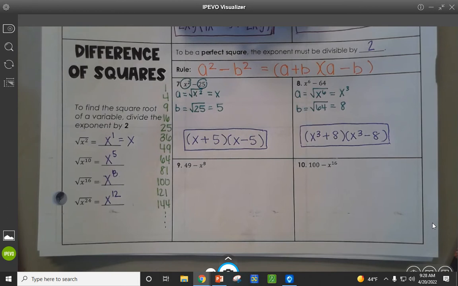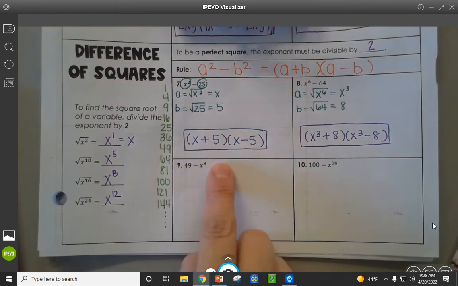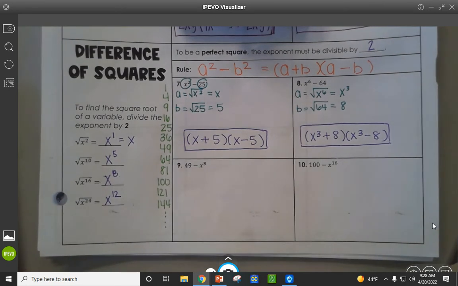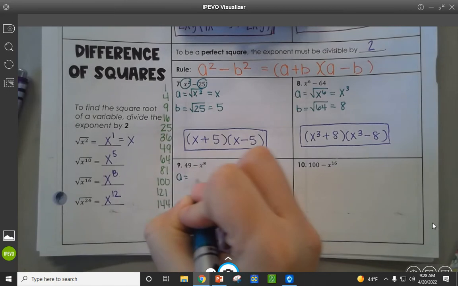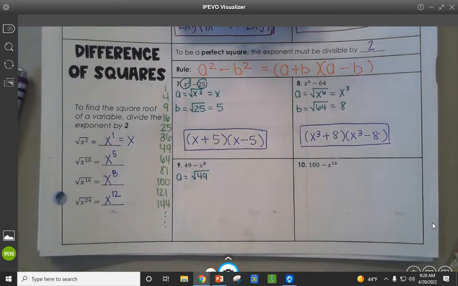Number 9, do we have a difference? Yes. Do we have 2 perfect squares? Yep. 49 is a perfect square. X to the 8th is perfect because the exponent is divisible by 2. So your A is the square root of 49. Your A is always the square root of the first one.